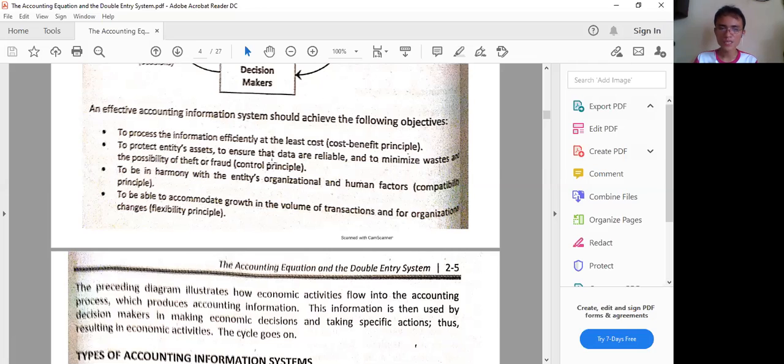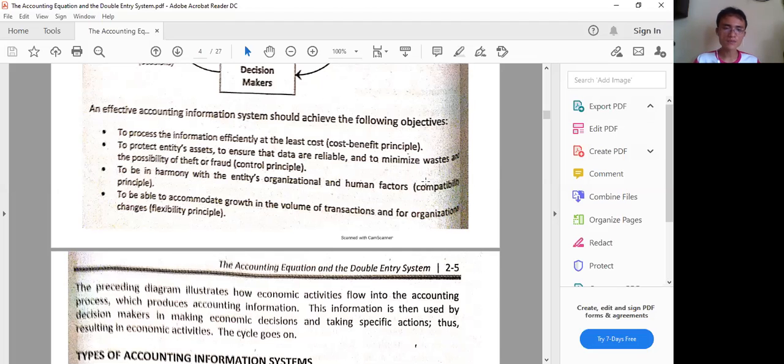Then compatibility means that our effective AIS should be in harmony with our entity's organizational and human factors. Our specific accounting information system should be aligned, complementary, and should support the overall corporate objectives, goals, targets, and quotas of the company as a whole.